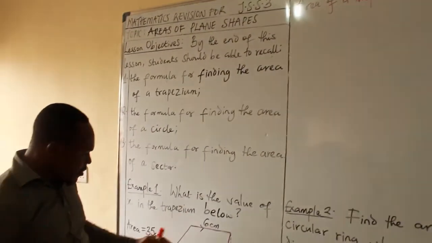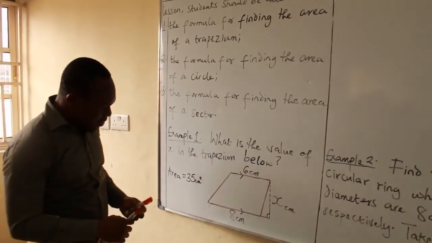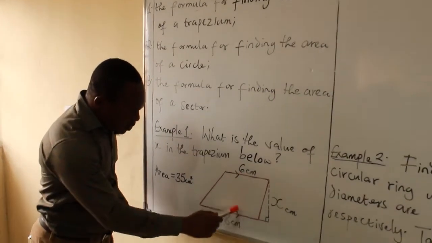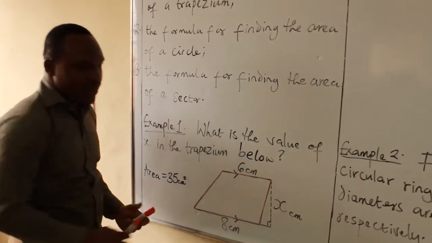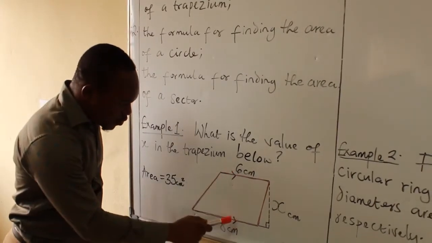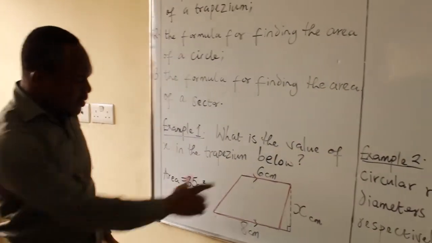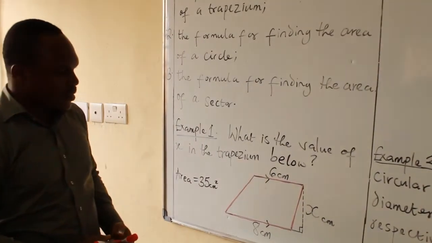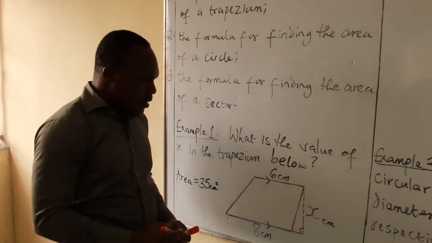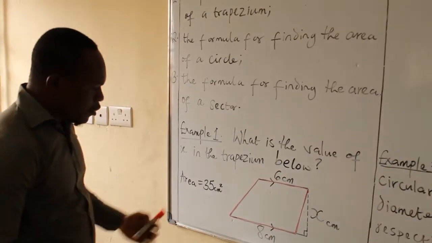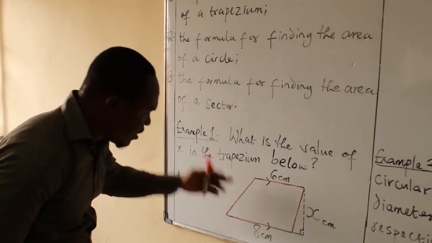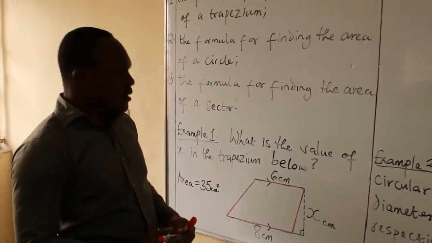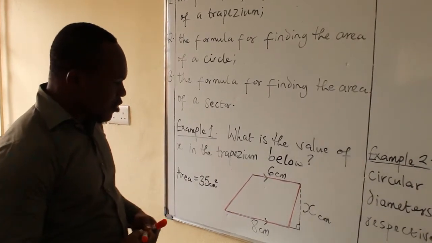If you look at this trapezium right here, it has these two sides parallel to each other. That is why we have these two arrows here, showing that these two lines are parallel to each other. Okay? Now you may ask me, looking at this trapezium shaded here, how can we find the height of the trapezium?